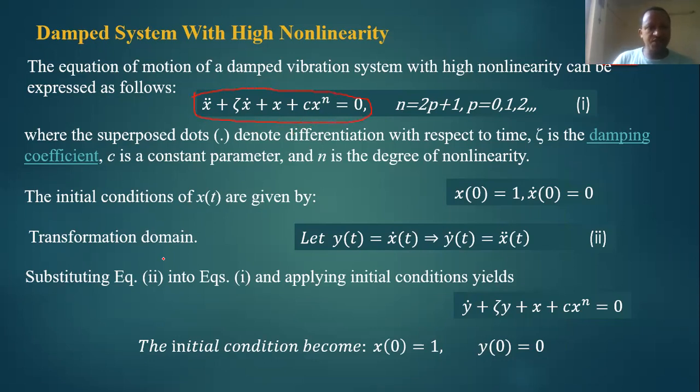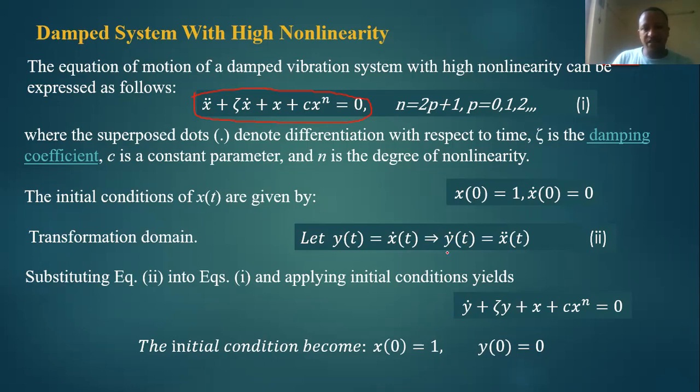For the transformation, let y of t be equal to x dot of t, like what we have done there, x2 equal to x1 dot. The same principle: y dot of t is equal to x double dot of t, like we have done with x2 dot. This is the transformation domain.